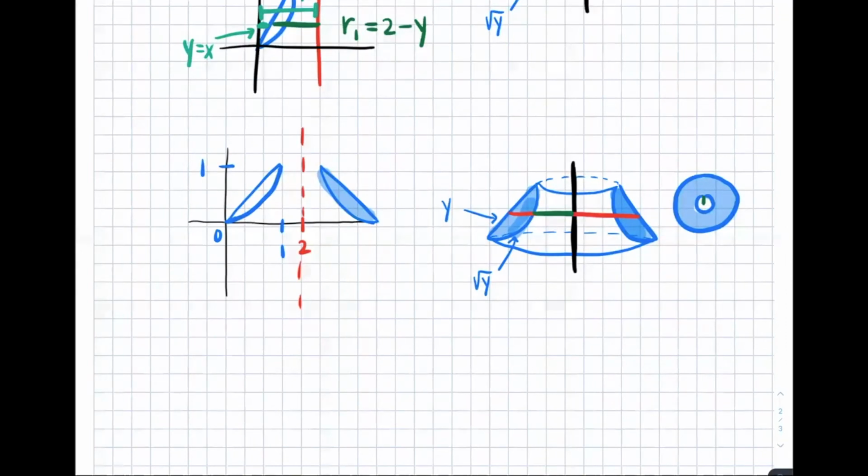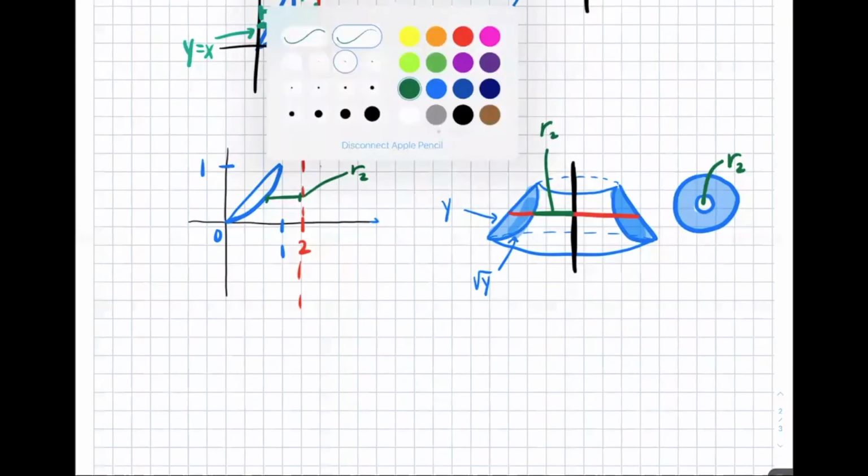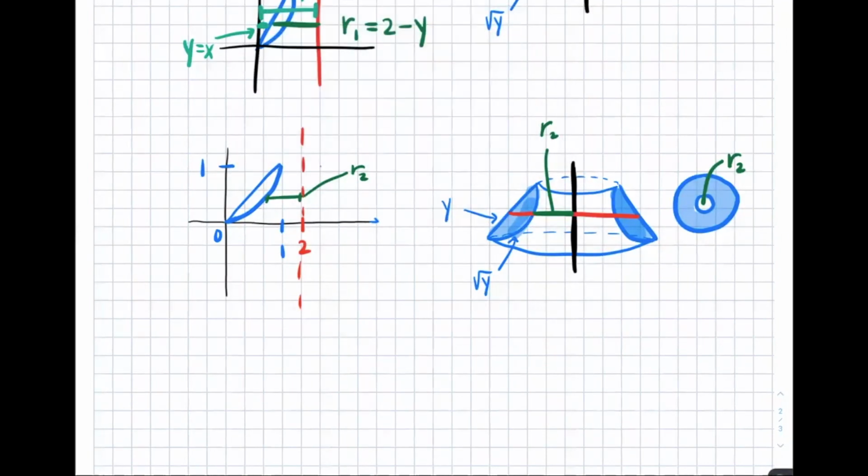And so R2 is given by just the radius of that inside piece, right? So just this empty piece right here. So this is R2. I'll erase this one. And so if we think about it in terms of the way we just thought about the other one, this whole distance is given by, we already said it was 2.